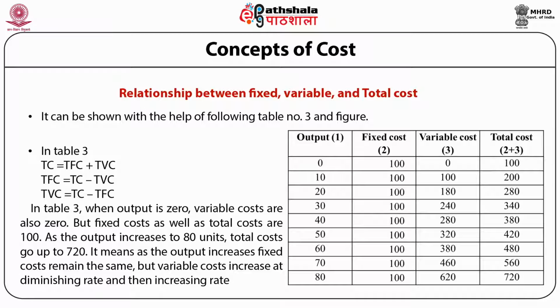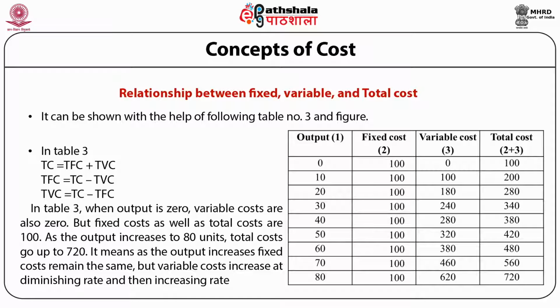And the third equation is TVC is equal to TC minus TFC. It means total variable cost is equal to total cost minus total fixed cost. So, in this table, when output is 0, variable costs are also 0.